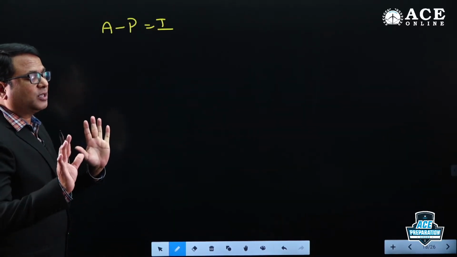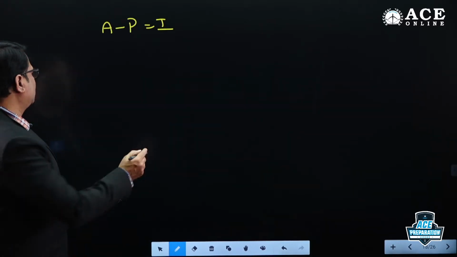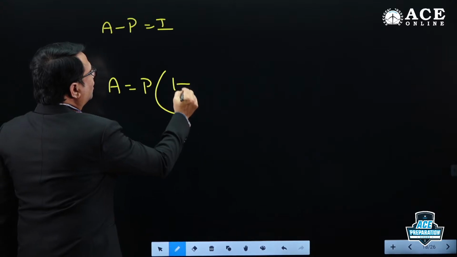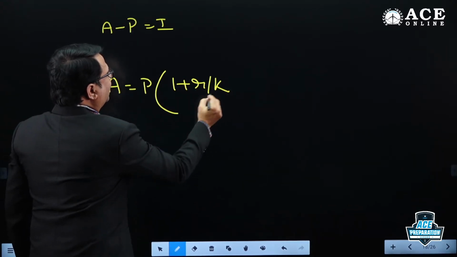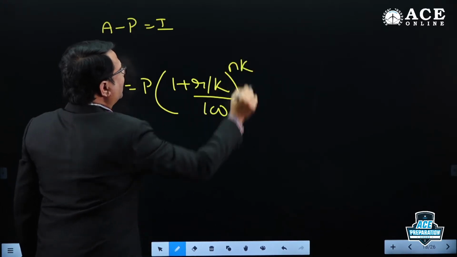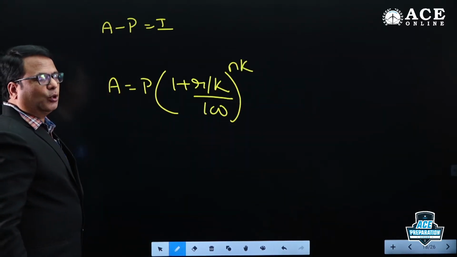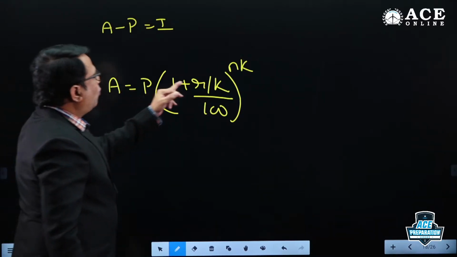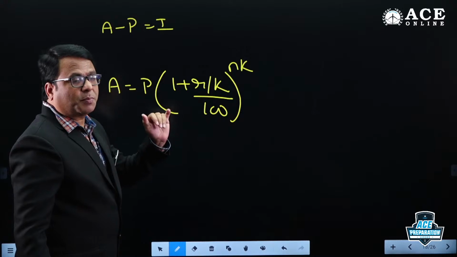So I'll give you the formula to find the amount. The amount formula is A = P(1 + R/(100K))^(NK). This is the formula to find the amount. Now, what is P? P is principal. What is R? R is the rate of interest per annum.